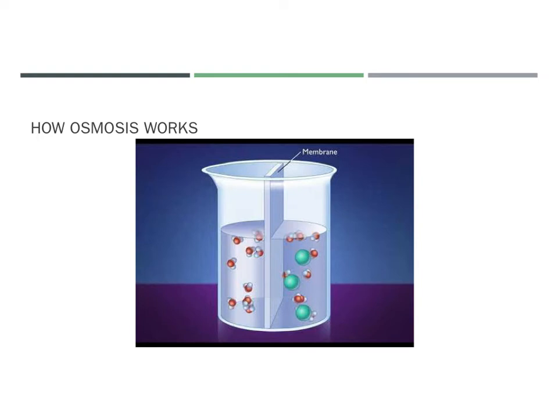But if we look at this picture here, on this side it looks like we just have water. And this side, we have some water, and then the green substances here, this is our solute. So this side has a higher concentration. That means that the water is going to move through the membrane and into that side.